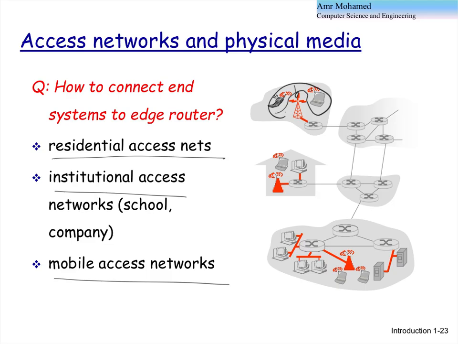So we'll talk about each of these categories of access networks. What are the different methods in each category, and what are the characteristics of these methods? What type of physical cables can be used? What are the characteristics? Why do we use these types of media for these types of access methods, and so on? So this is the main topic of today.